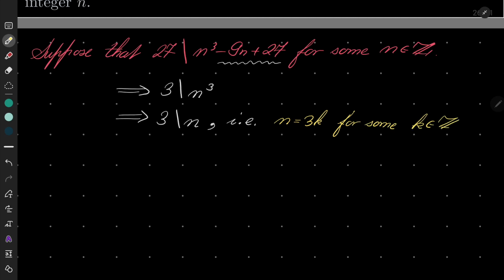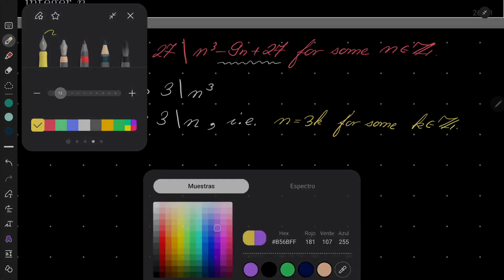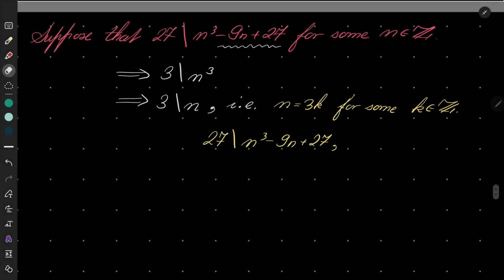integer k. Okay, and now let's take notice that our divisibility condition, namely this, is equivalent, sorry, not 27, but 81, I made a typo.